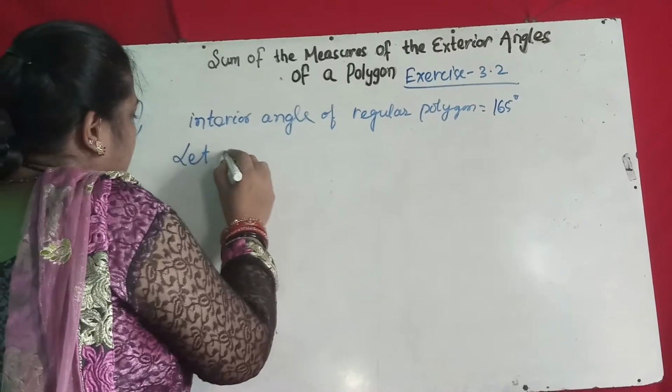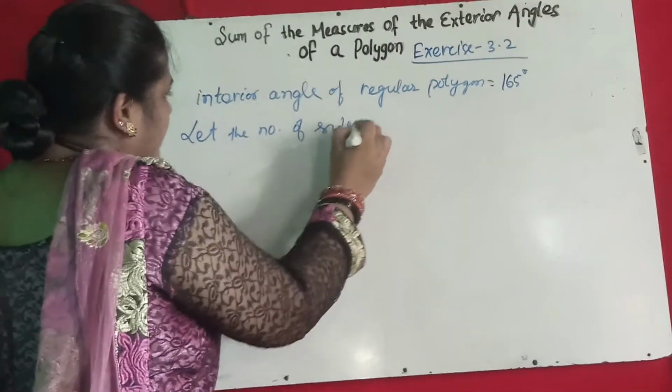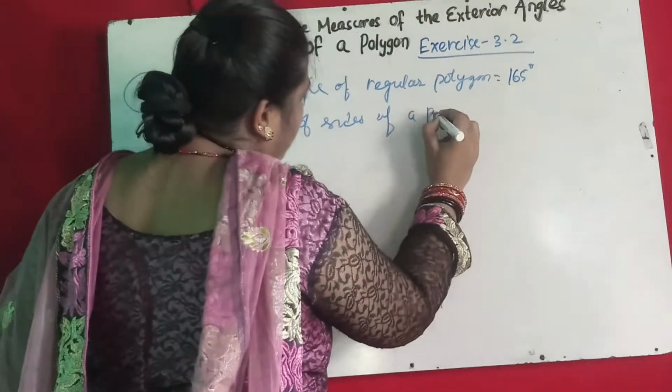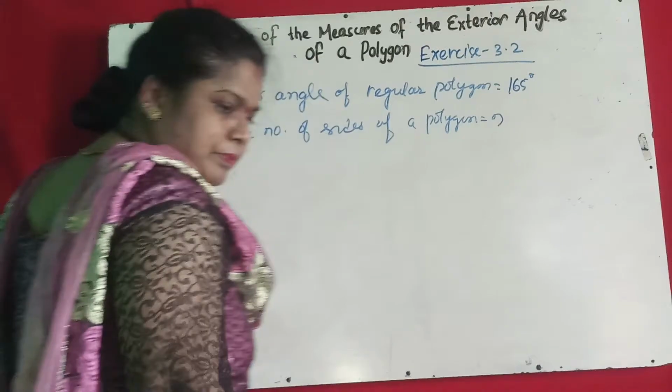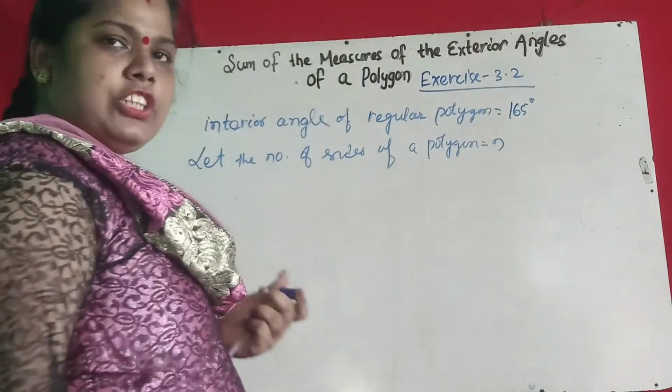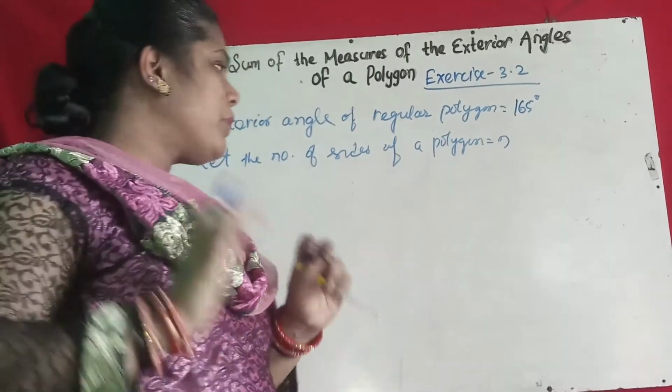Let the number of sides of the polygon be n. Okay, so each exterior angle, how much? I said that you divide 360 by the number of sides.